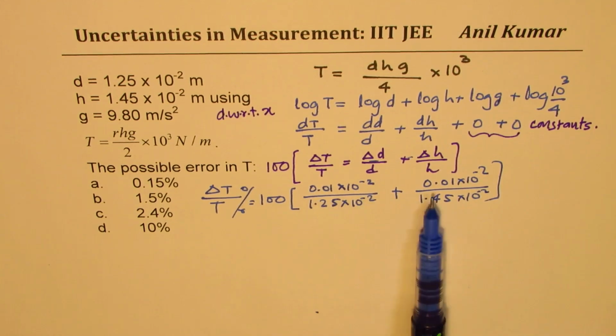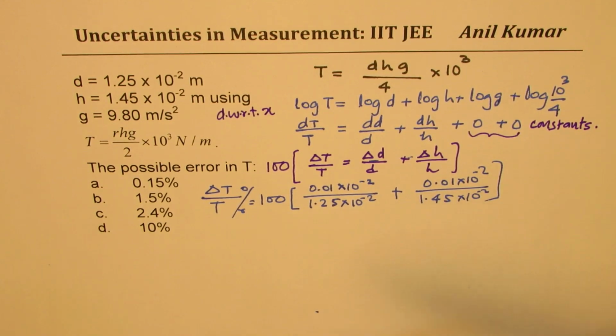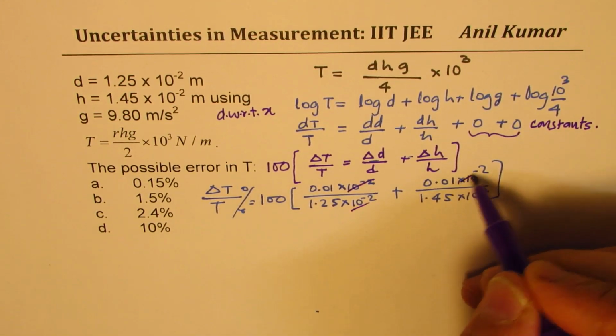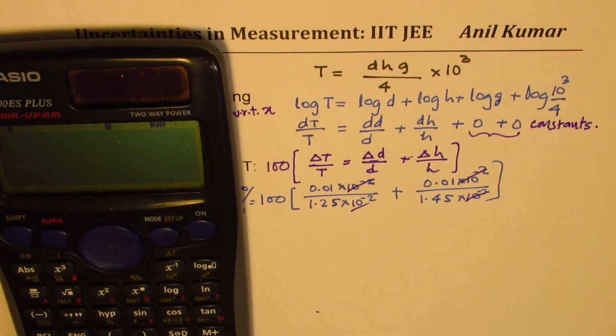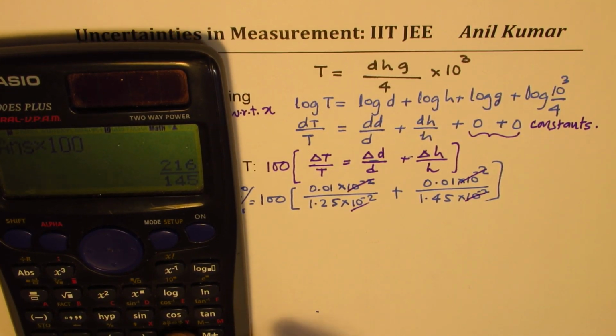So this was a shortcut method. We could have just applied it there and got our answer. But I hope now it makes more sense. Basically, we have to just use a calculator to find these values. These cancel away. So this is what we have to find. Let's do it: 0.01 divided by 1.25, and we'll add to this 0.01 divided by 1.45, and then we multiply this by 100 to get our answer in decimals.